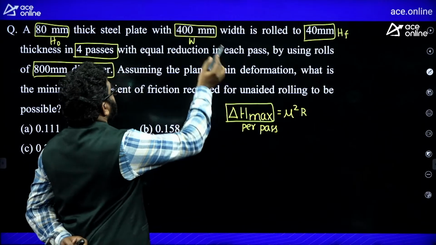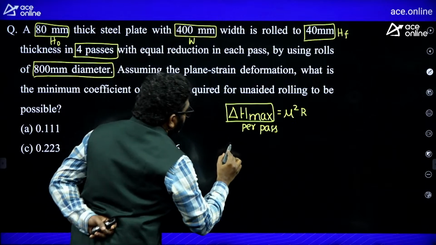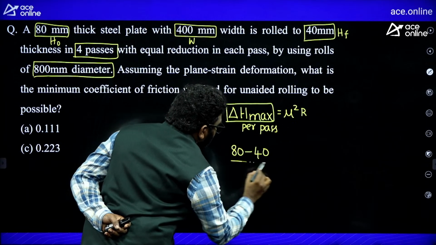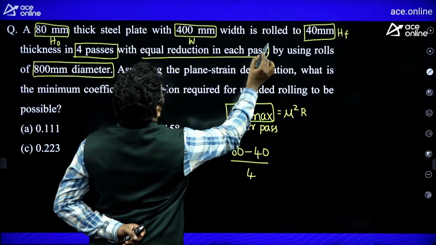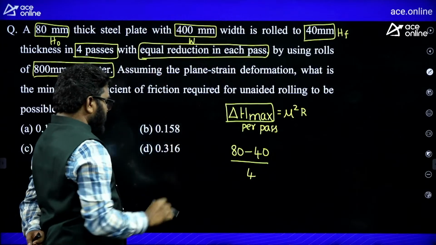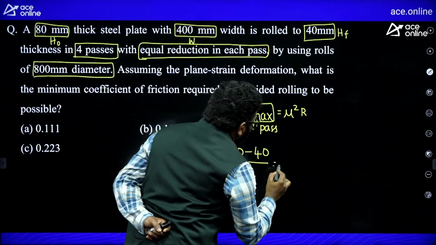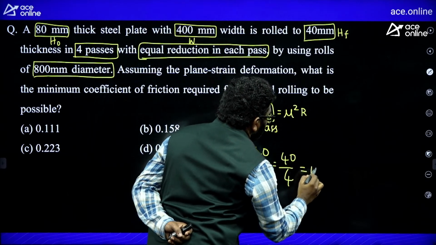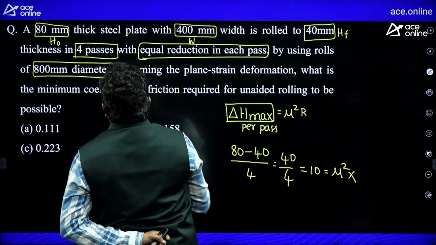But in the question, 80 mm thickness goes to 40 mm thickness in 4 passes. So 80 minus 40 by 4 passes, because in each pass an equal reduction is given in the question. So 80 minus 40 by 4, that is 40 by 4, that is 10, equal to mu square into R, that is 400.